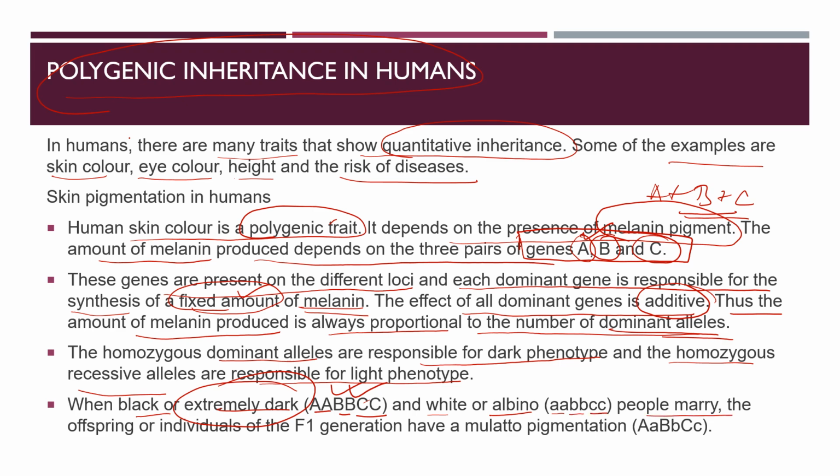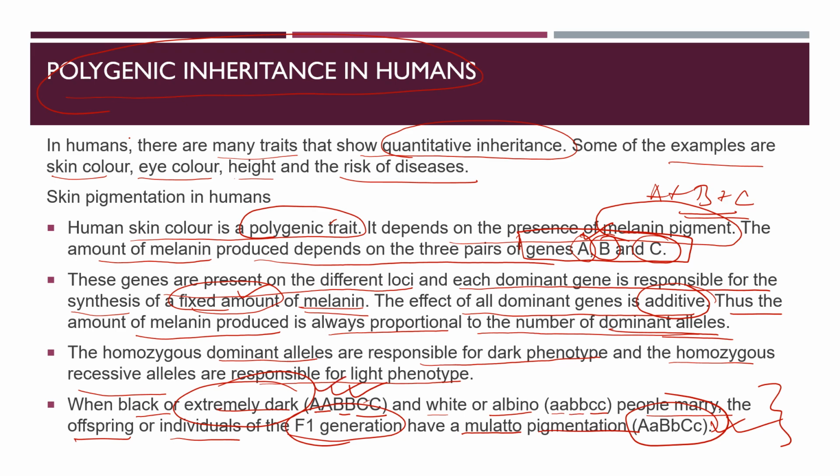When these people marry, the offspring, the individuals of the F1 generation, have a mulatto pigmentation, that is a mixed or wheatish complexion. In detail, we are going to discuss this in the next slide.